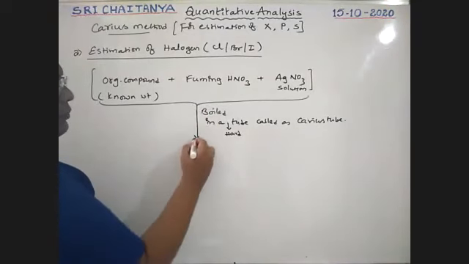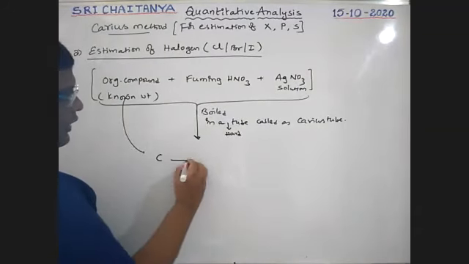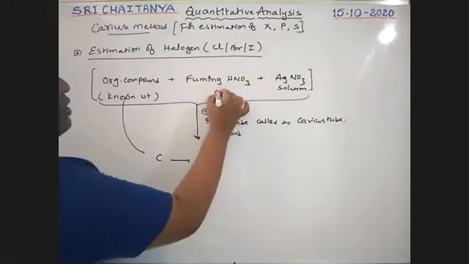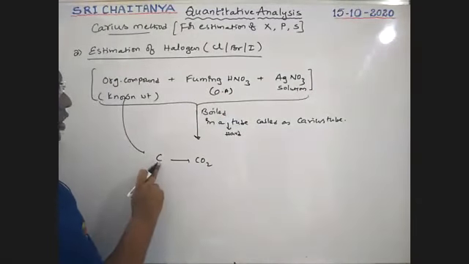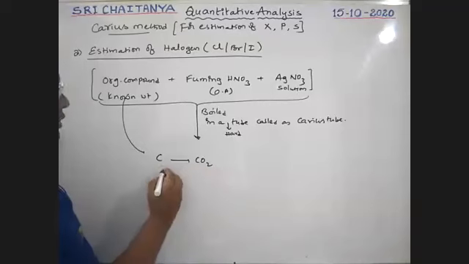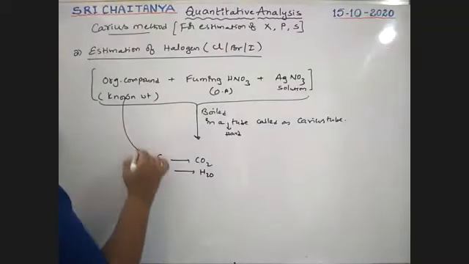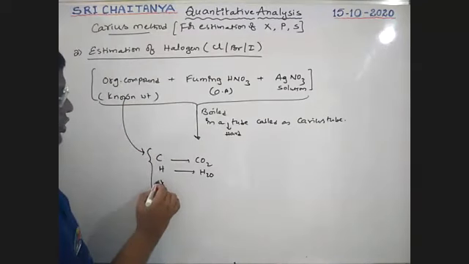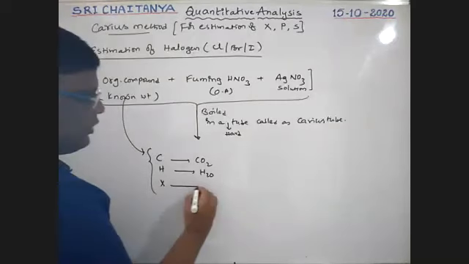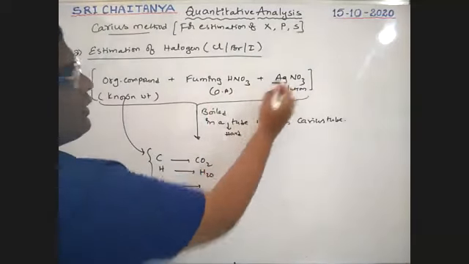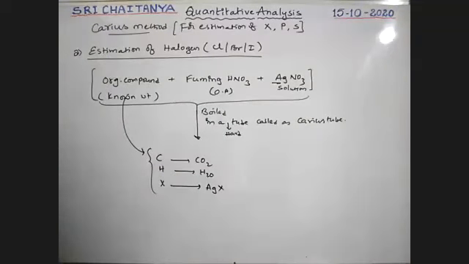During this process, the carbon present in the organic compound is converted into carbon dioxide, because this is an oxidizing agent, boys. This oxidizing agent can oxidize carbon to carbon dioxide, hydrogen to water, and halogen into silver halide, which is the product.